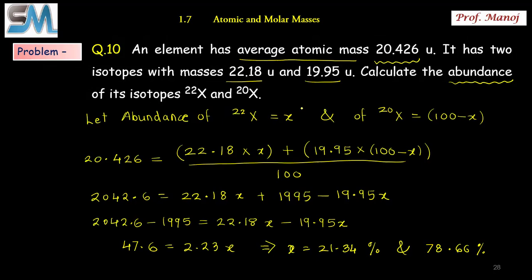So this gives you the abundance of both of them. So 21.34 will be the percent abundance of this isotope, and this will be the percent abundance of the second one.